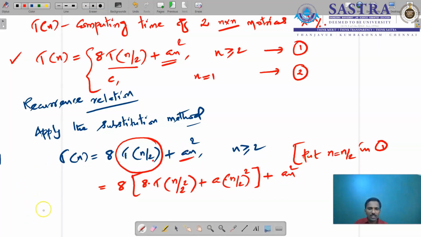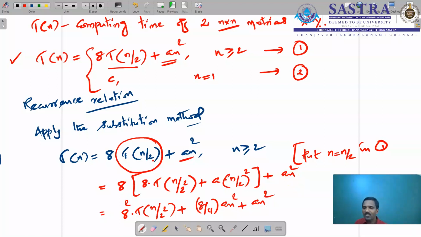Simplifying this equation one step further, this is equal to 8 squared T(n/2²) plus a n²/4. Let's write this as 8/4 a n² plus a n².